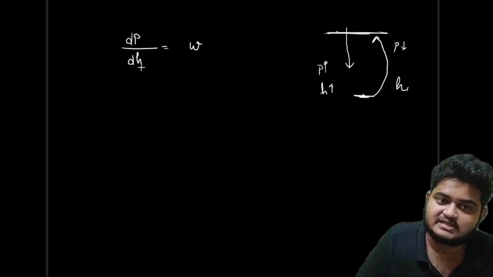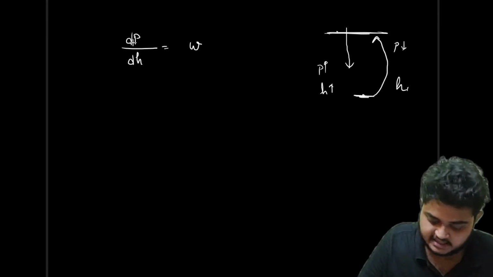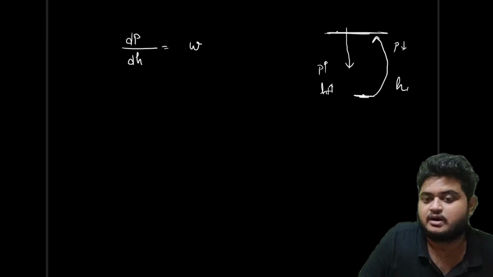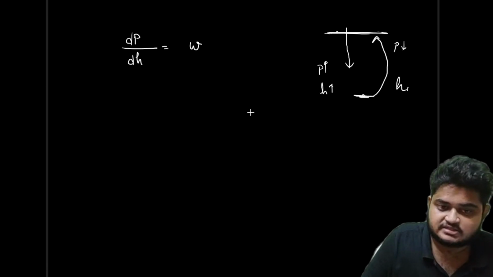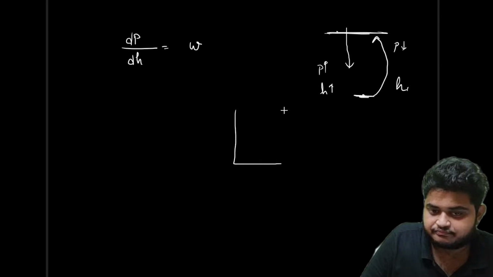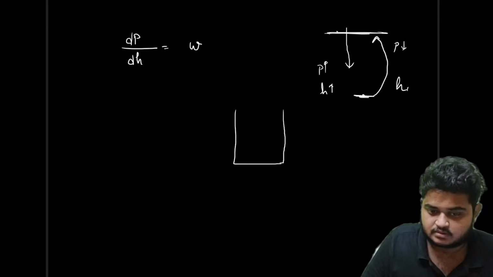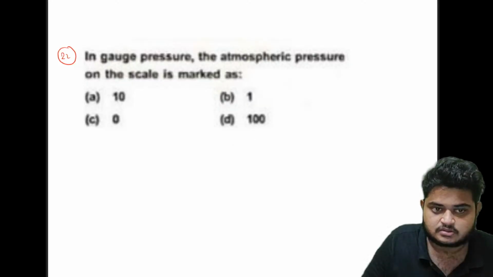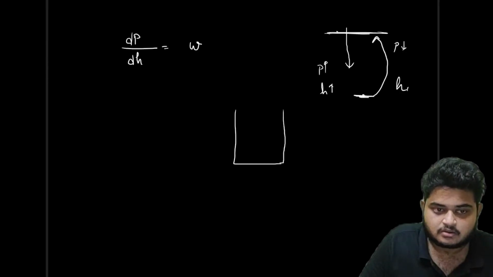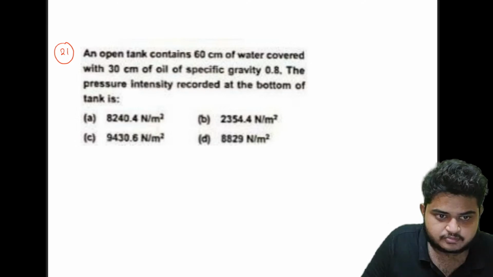So if this is measured as height, it is in a negative manner, but if this is a measurement of depth, it will be positive. Wait a second. Okay, this is right.